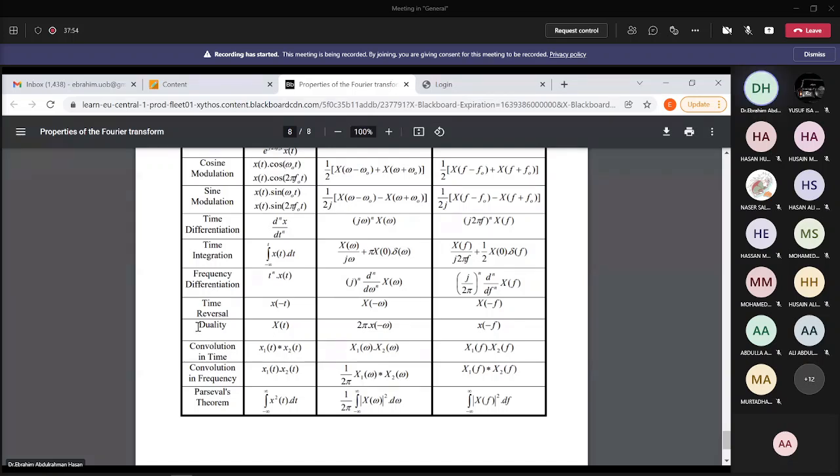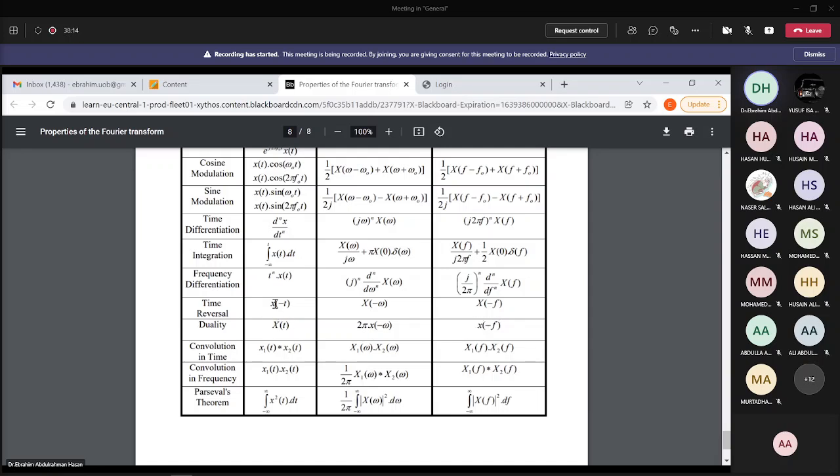Duality. Focus a little bit. Notice, here we have x capital of t, then it is equal to x small of minus f.